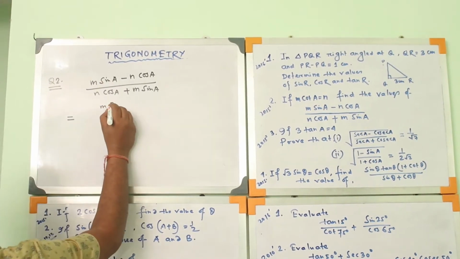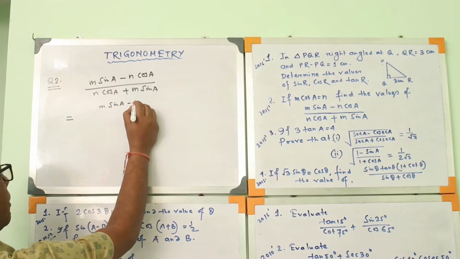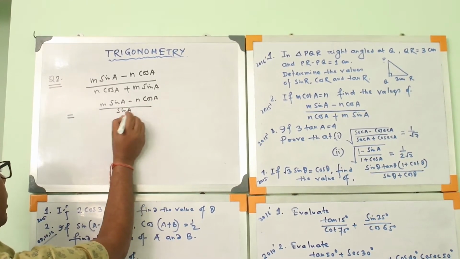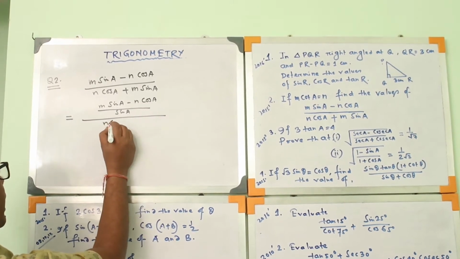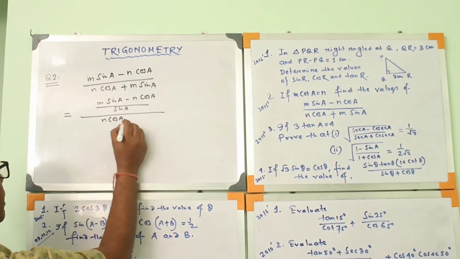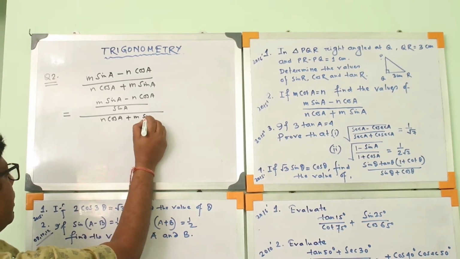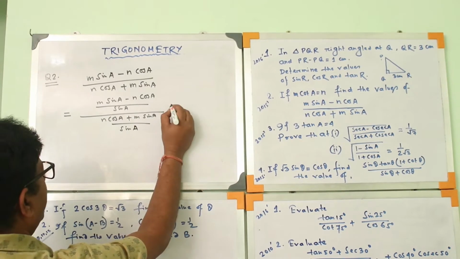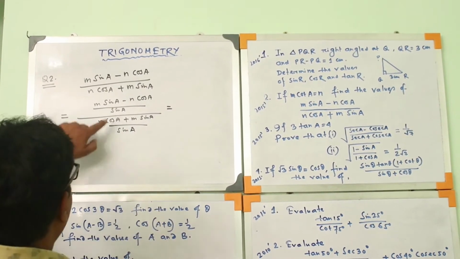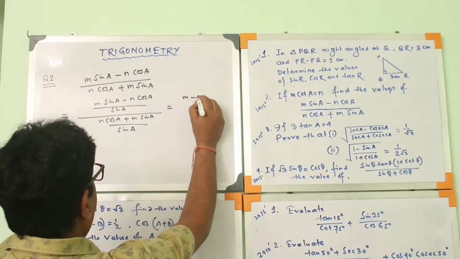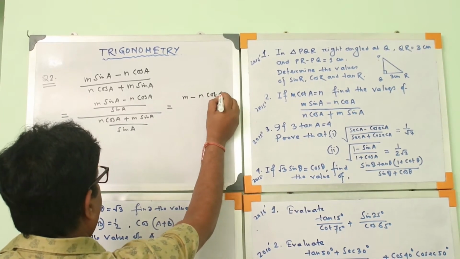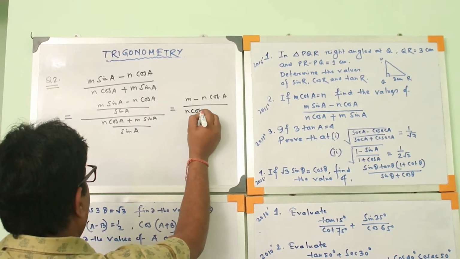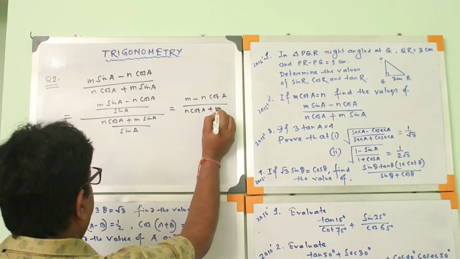So we get m sin A minus n cos A by sin A divided by n cos A plus m sin A by sin A. So you will get m sin A by sin A means m minus n cot A, and the next one n cot A plus m.